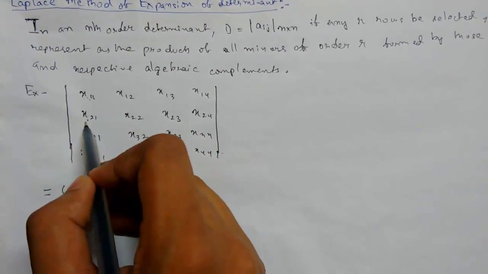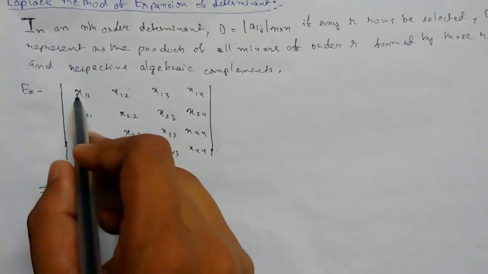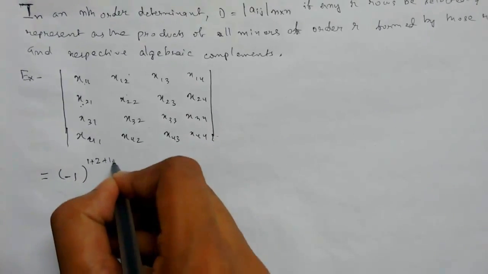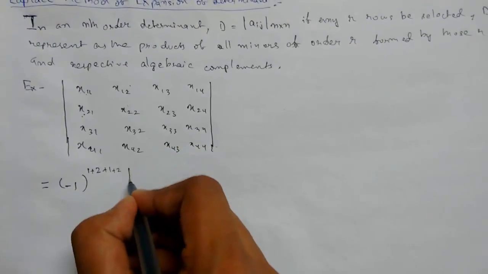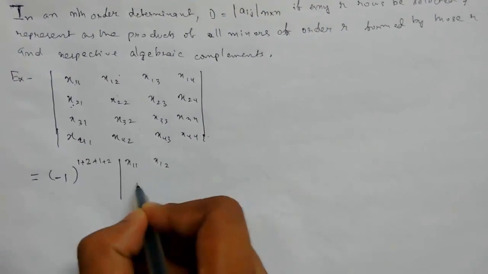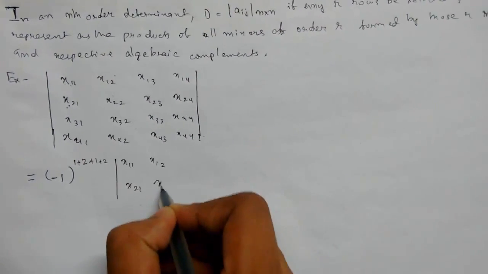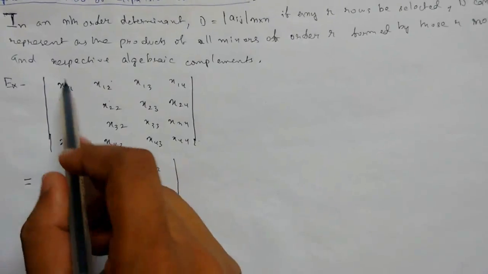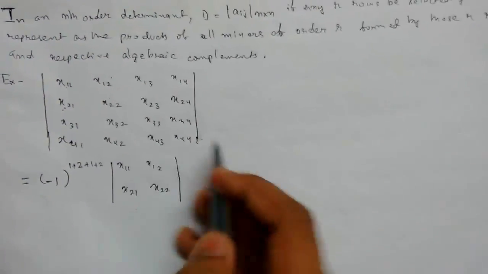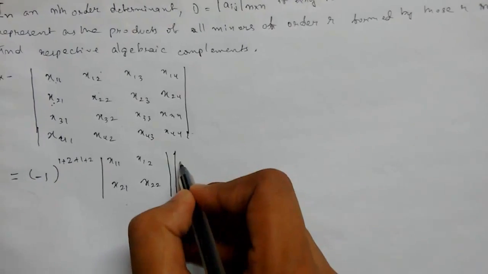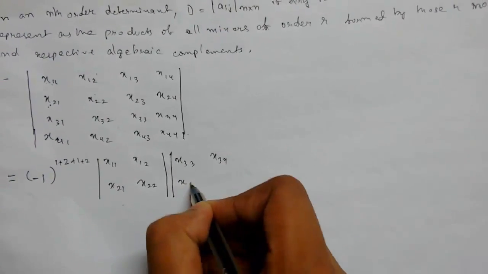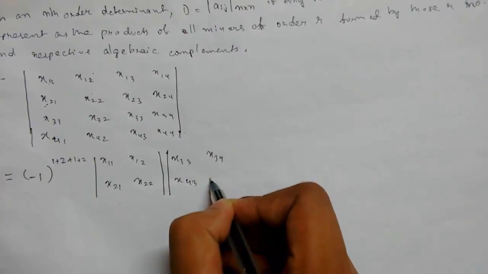Suppose we are taking these two columns, the first column and second column, so this will be plus 1 plus 2. Now we will take the minor: x11, x12, x21, x22. Now removing these two rows and columns, we will be left with these 4: x33, x34, x43, and x44.